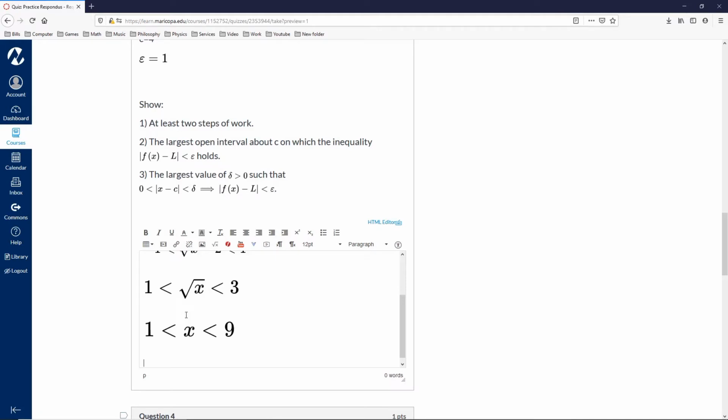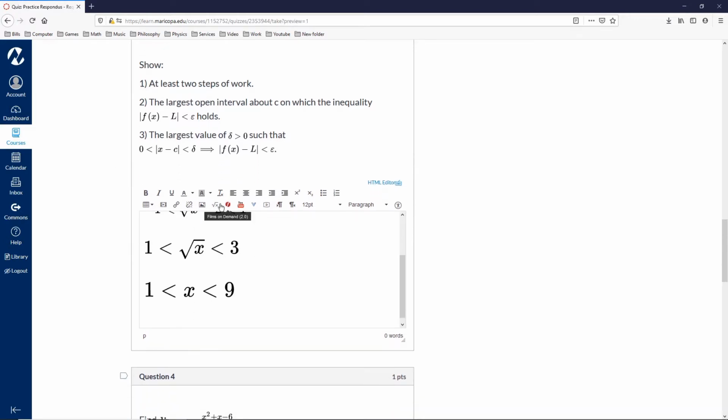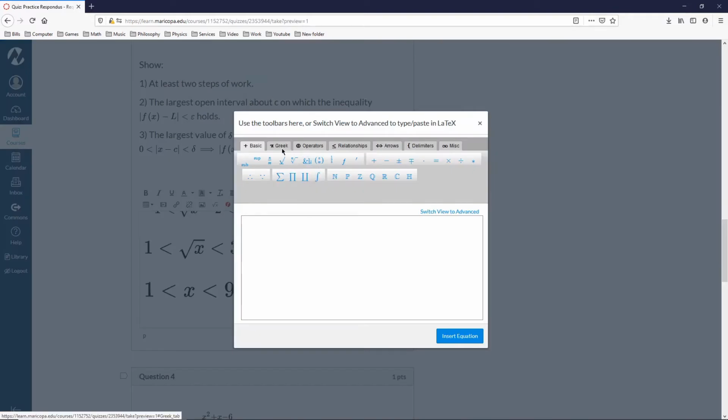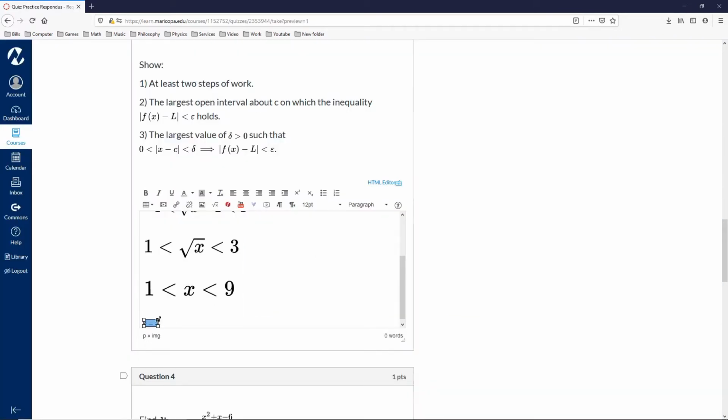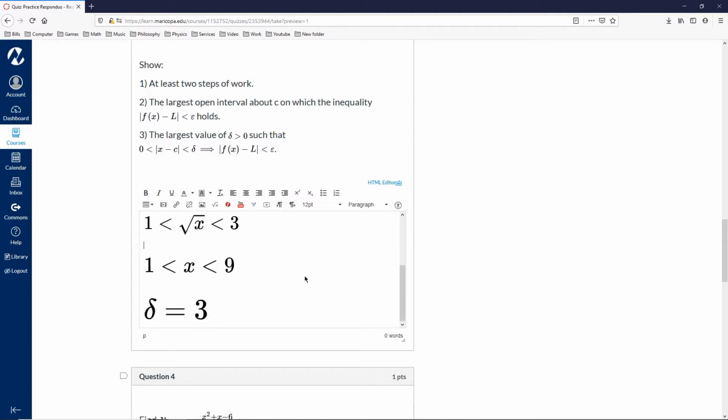And we choose the smaller one because that will put the interval then within this one. And so we get a delta of 3. Greek symbols, there's the delta. And there's everything.